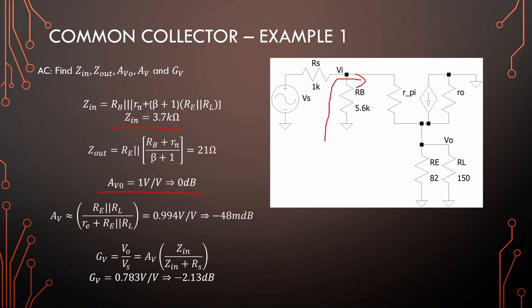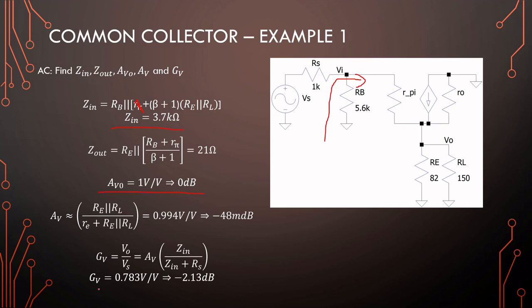It's 3.7 kilo ohms. So R pi in here is almost negligible, and our input impedance is purely beta plus 1 Re parallel to R load. We include the load here because these two values are very close to one another, and it will influence our input impedance quite largely. If we're just using Re, this will be a much higher value and will make it inaccurate for our GV calculation.